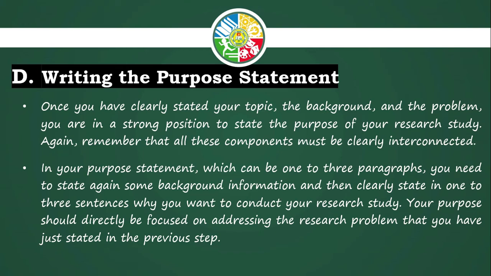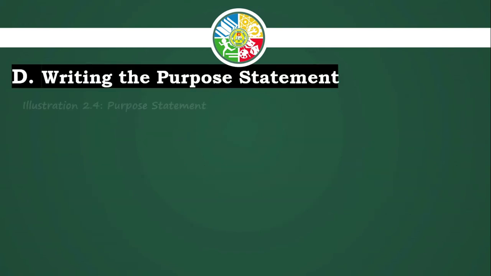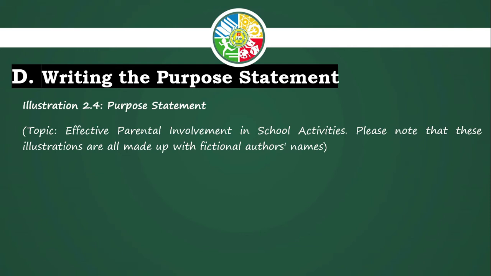Pag-abot aning purpose statement, i-mention na pod nato balik ang background sa tuang topic, but still written in a different manner. Because, okay, this is why it is very important nga i-step by step nato aron ma-maintain ato ang connection. Okay, your purpose should directly be focused on addressing the research problem that you have just stated in the previous step. So, let's proceed to the next slide para for the concrete example para mas masabtan nato.